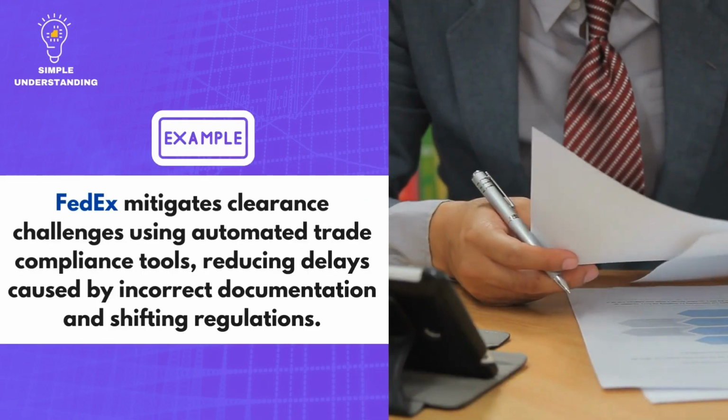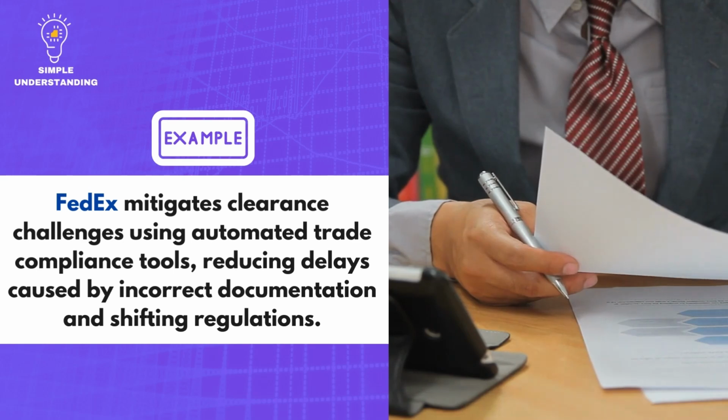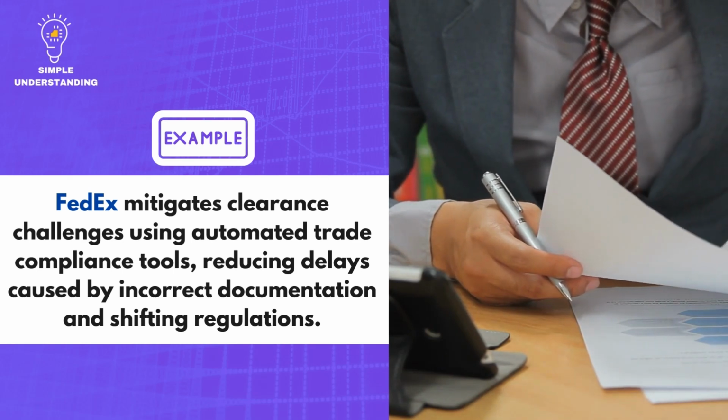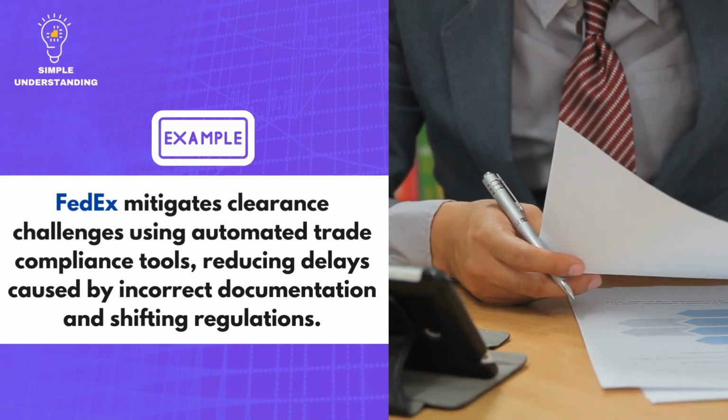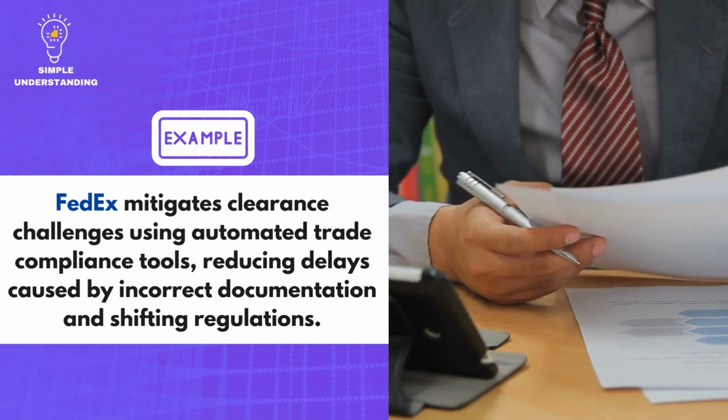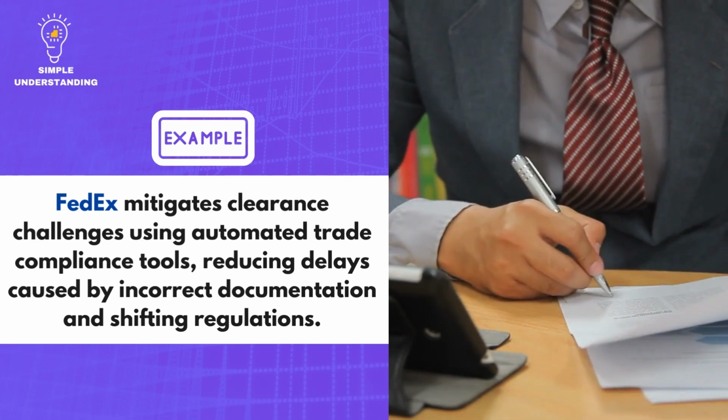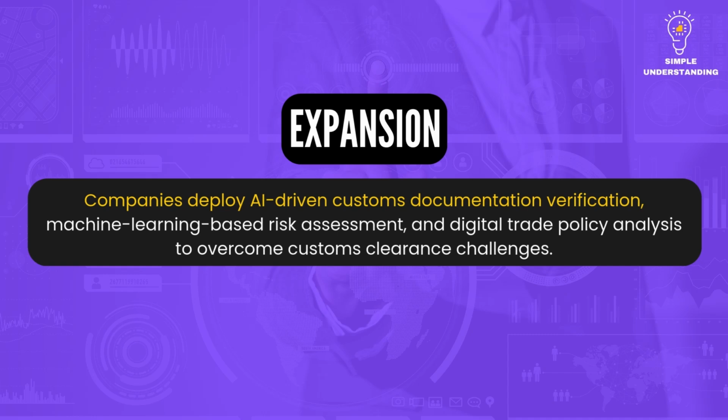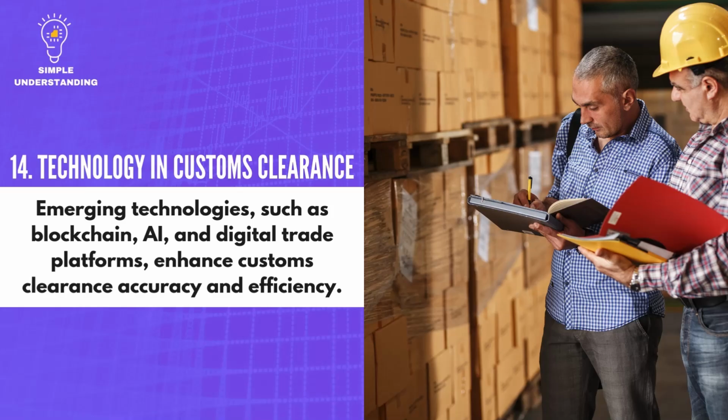Real company example. FedEx mitigates clearance challenges using automated trade compliance tools, reducing delays caused by incorrect documentation and shifting regulations. Expansion. Companies deploy AI-driven customs documentation verification, machine learning-based risk assessment, and digital trade policy analysis to overcome customs clearance challenges. 14.